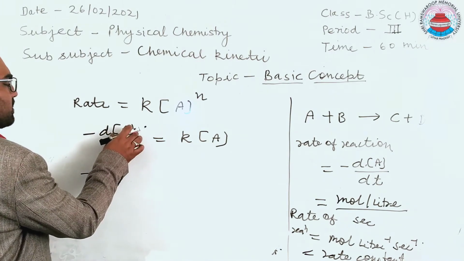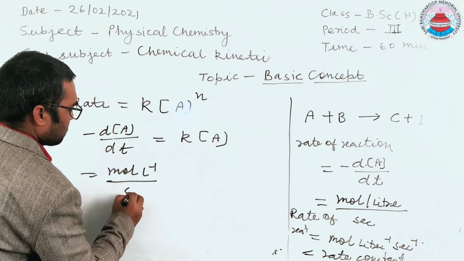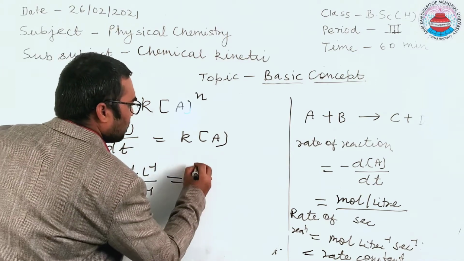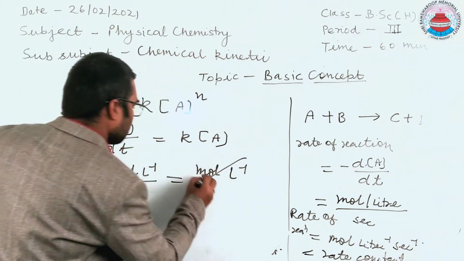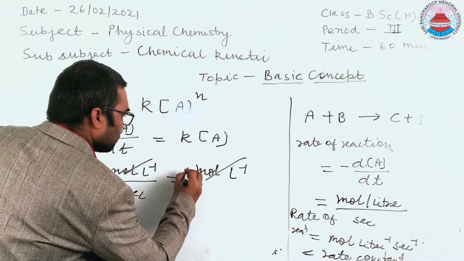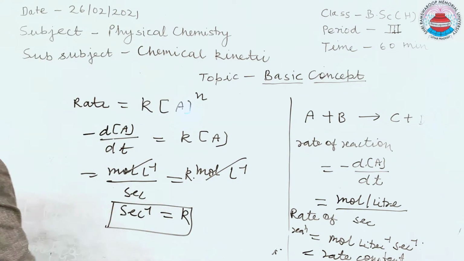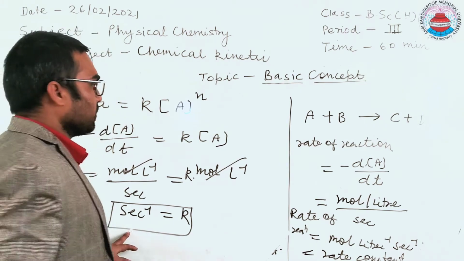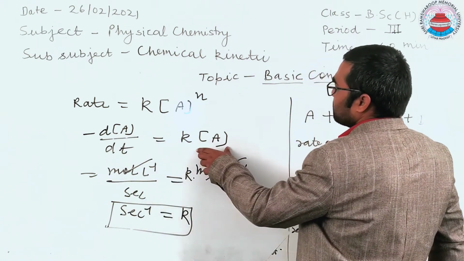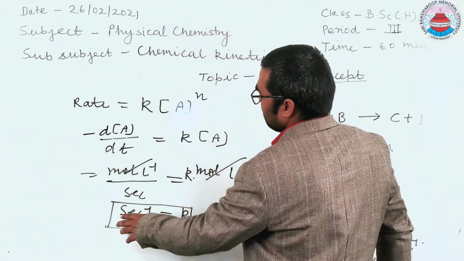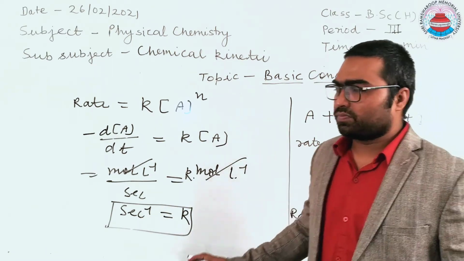The unit of this term is a molarity term, so the unit is mole liter inverse, and the unit of t is second, so dividing by t gives second inverse. Here mole liter inverse cancels out, then K equal to second inverse, which means the unit of rate constant for a first order reaction is second inverse. The unit of rate constant for a first order reaction is second inverse.